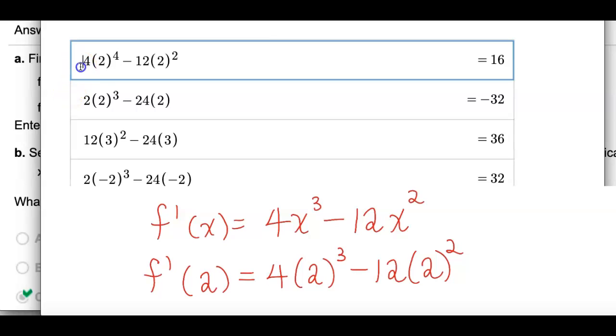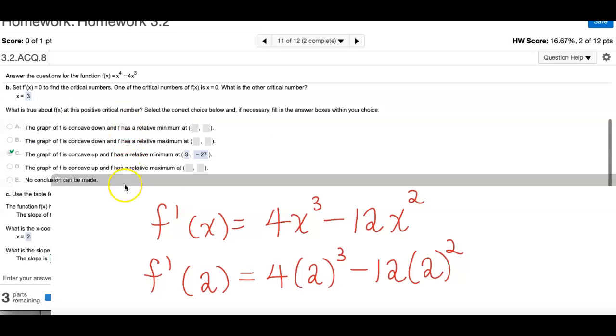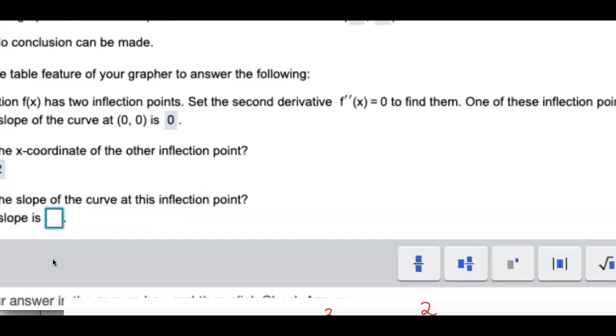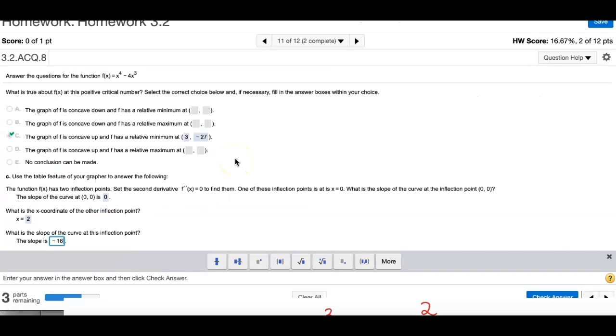So 4 times 2 to the third power minus 12 times 2 squared. And that came out to be negative 16. So that's the slope of the curve, the tangent line, at this point. So let me type in negative 16 in my homework. The slope is negative 16, and let's check it.